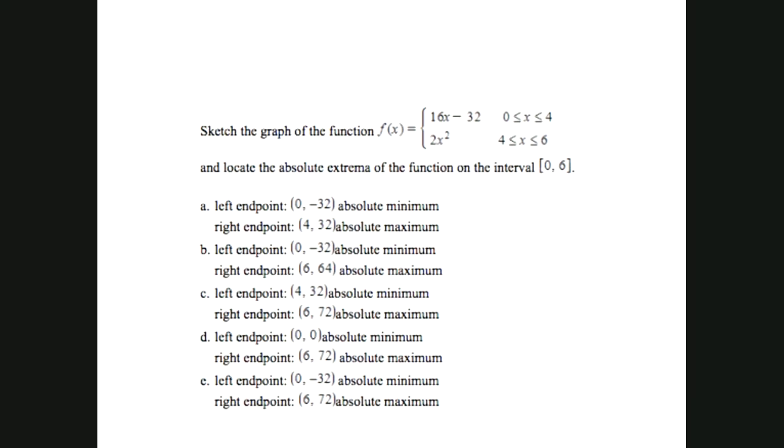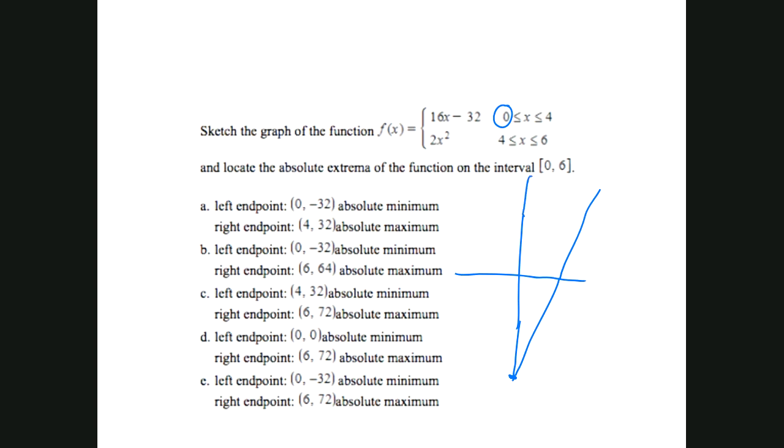Okay, if I was going to do this problem, first thing I would do, I might graph it. Negative 32 and 16x. That means this thing starts way down here at negative 32, but the slope is 16x, so it's going to be a positive 32 at 4, isn't it?